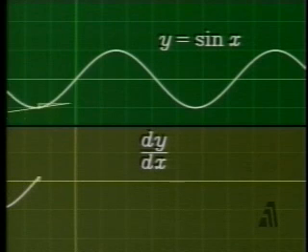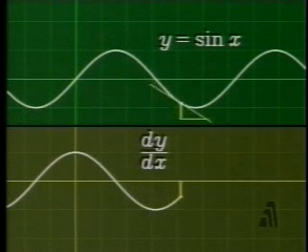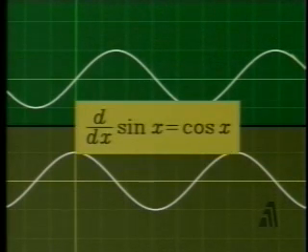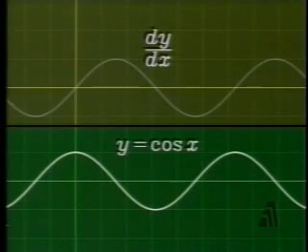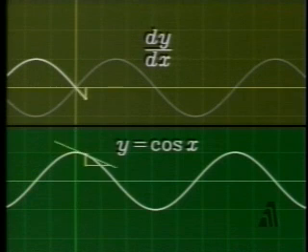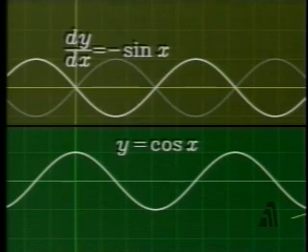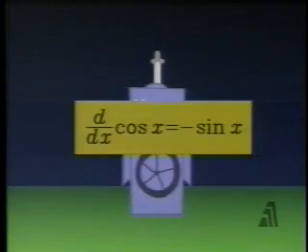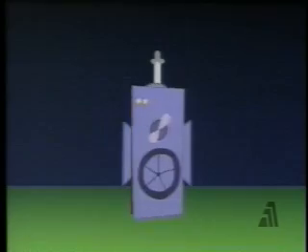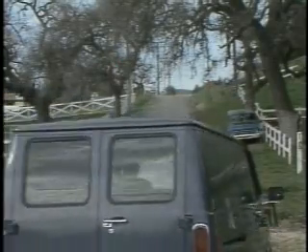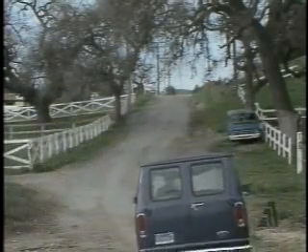If y equals sine x, then dy over dx equals cosine x. If y equals cosine x, then dy over dx equals minus sine x. Taking derivatives takes a little practice, but it's well worth the effort. And considering any number of contemporary derivative machines, it's become a modern practice.